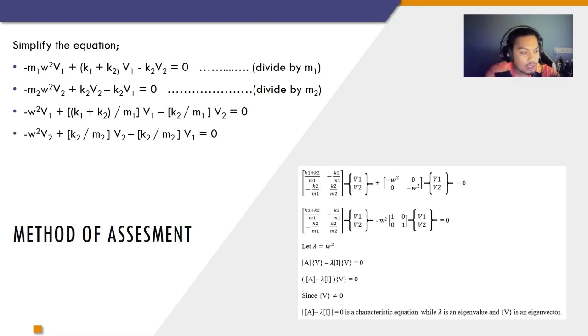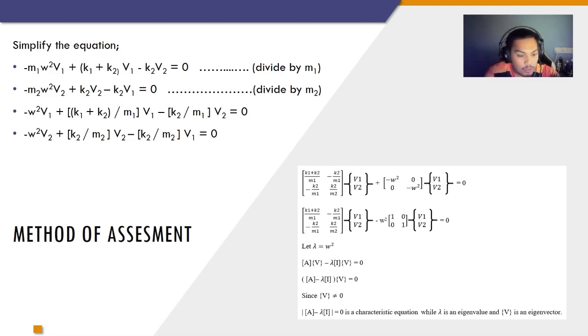The second one is negative m2 omega squared v2 plus k2 v2 minus k2 v1, and we divide it by m2 and get negative omega squared v2 plus (k2 over m2) v2 minus (k2 over m2) v1 equal to 0.